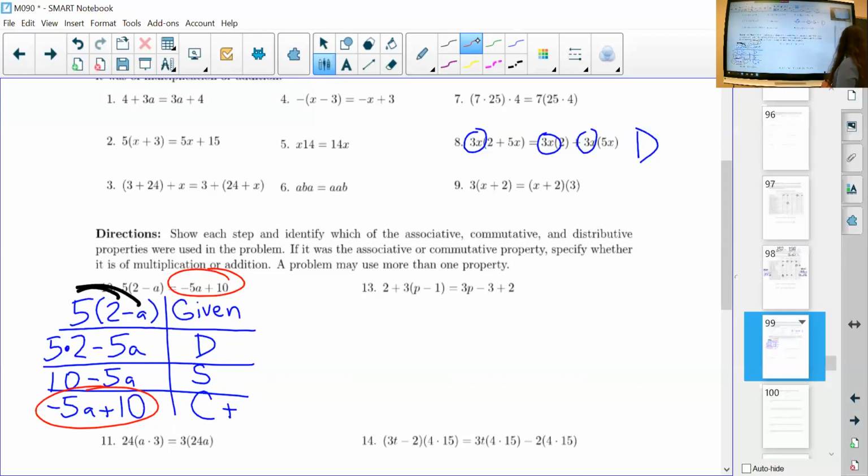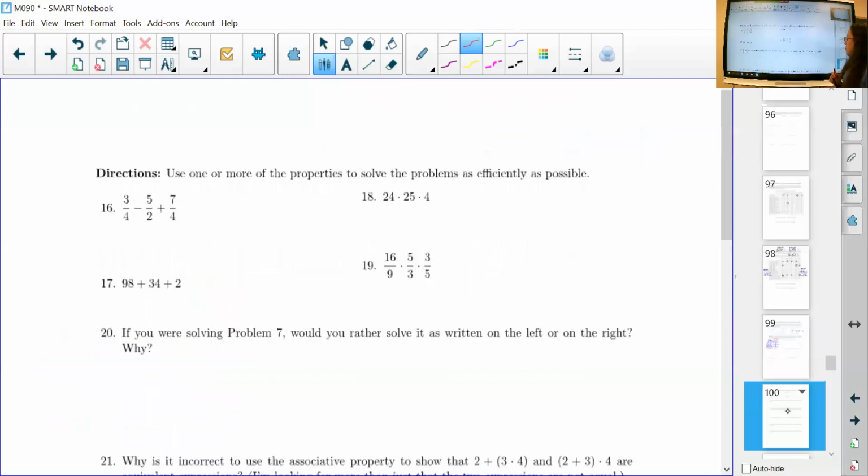On page 100, we're solving problems efficiently. So remember, I said earlier on that sometimes it's easier to do a problem in a different way than it's written, but getting the same answer. Let's take a look at 18. 24 times 25, go. Okay, you might still be thinking.